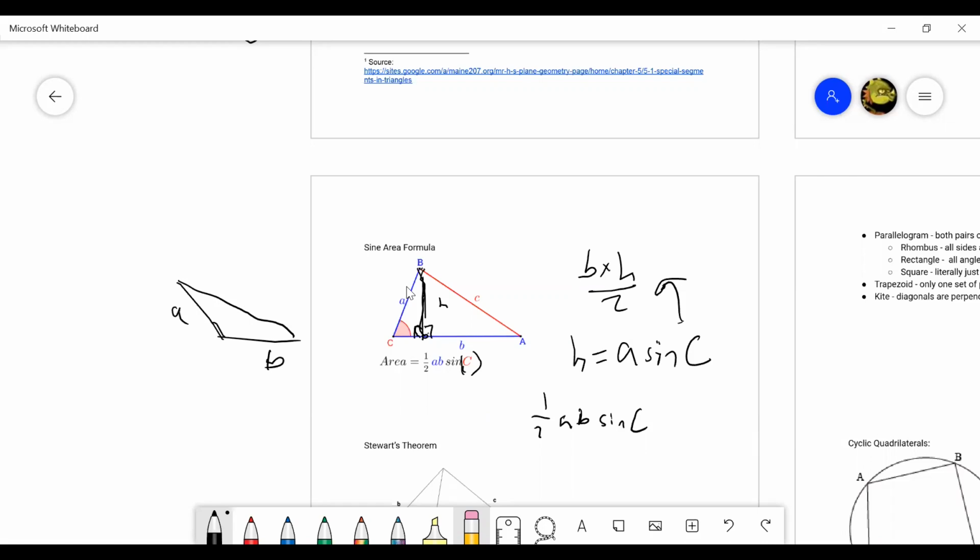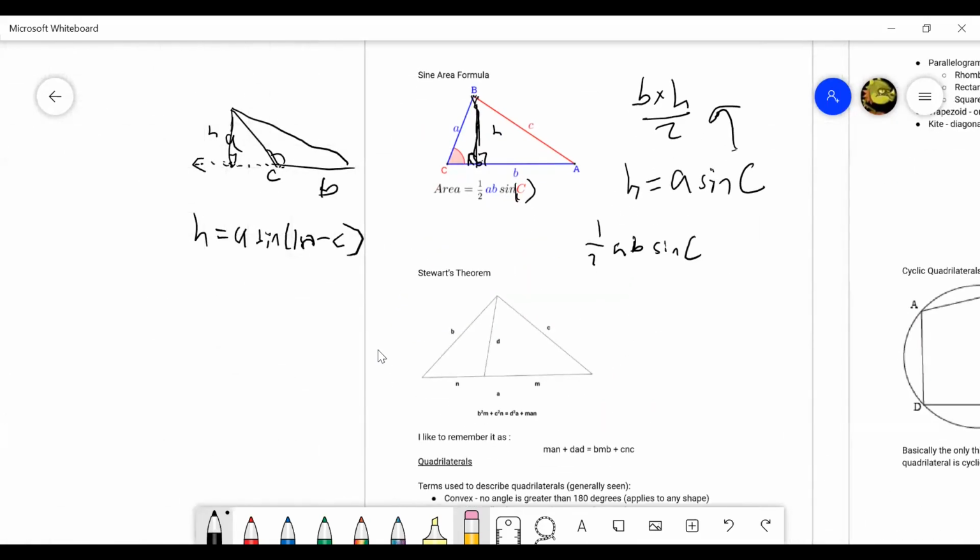So we have the side lines like so, A, B, and the angle C. The same thing: if you extend the side out this way and then drop a height to this extended side length, the area is still going to be base times height over 2, and you would have H equal to A times the sine of 180 minus angle C. And it's a property of the sine function that the sine of the supplement of an angle is the same as the sine of the angle.